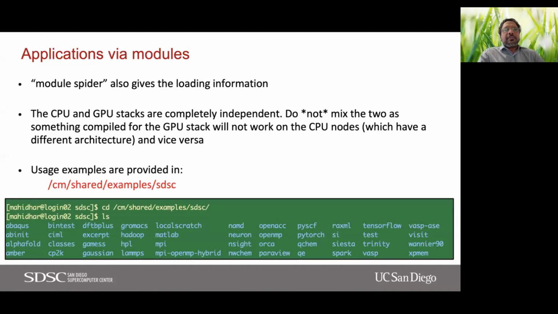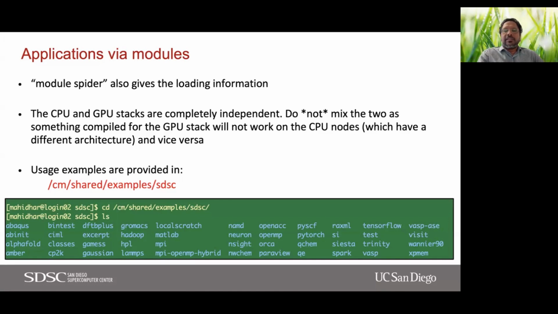Just as a caution, the CPU and GPU stacks are completely independent. Don't mix the two, as I mentioned earlier. The reason is this, right? The features that are on the AMD CPUs are different from the ones on the Intel CPUs. For example, the Intel processors support AVX-512, and if something gets built with the AVX-512 optimization, it won't work on the AMD side because the AMD Rome processor we have only supports AVX-256 or AVX2 basically.